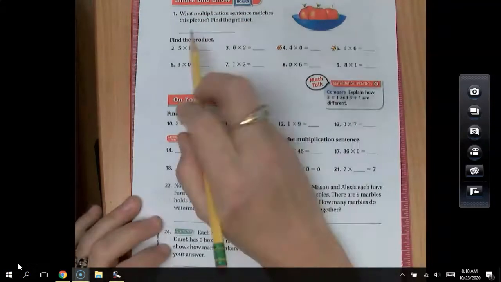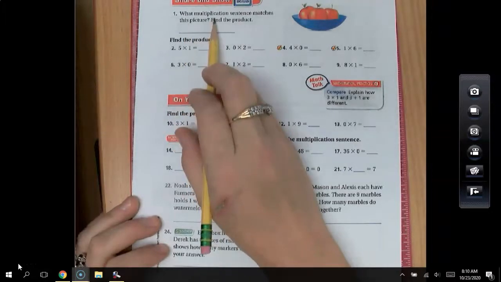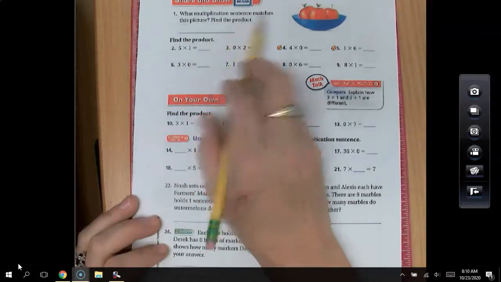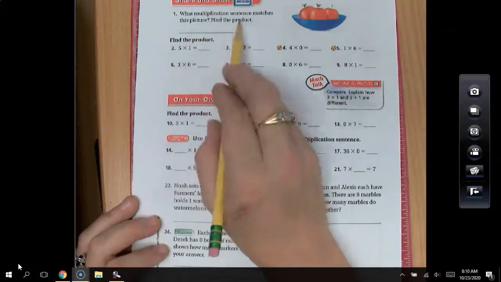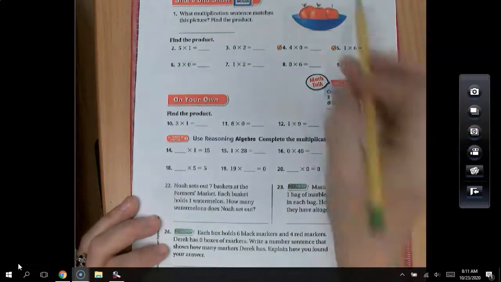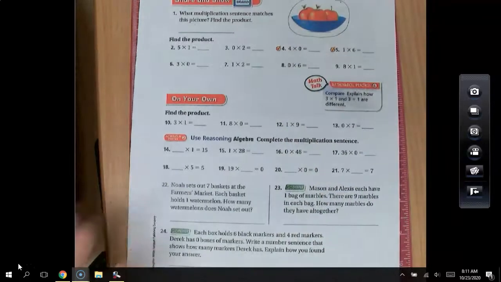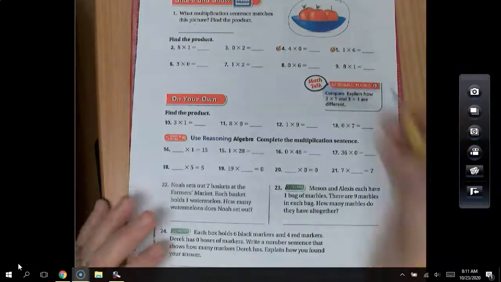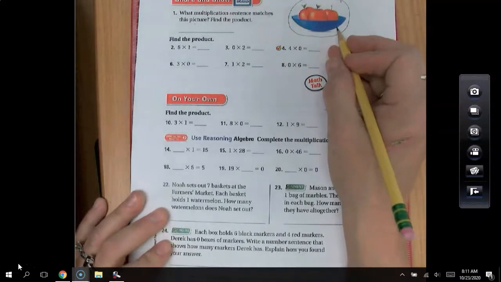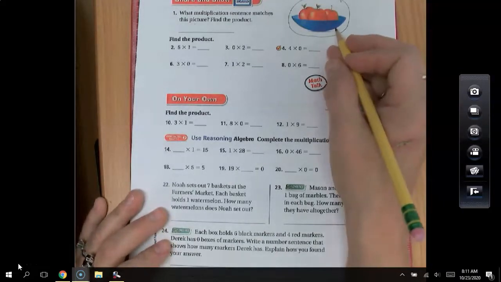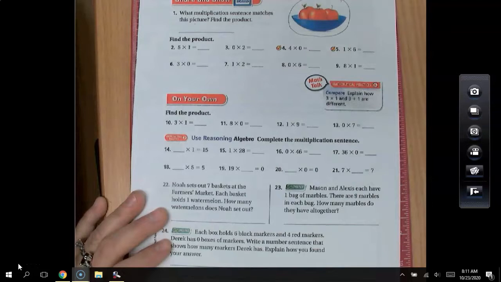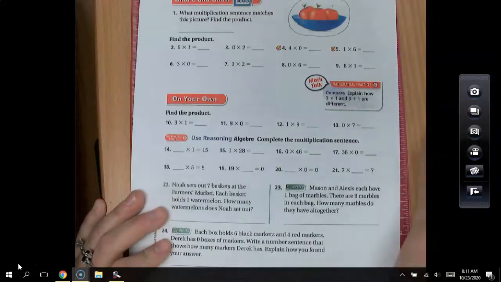Let's go ahead and start with number 1. It says, what multiplication sentence matches this picture? Find the product. Okay, so they want us to look at this picture, and they want us to write a multiplication sentence based on this picture. Well, I see a bowl, and I see some apples in it. So the bowl represents the number of groups I have. How many groups do I have?